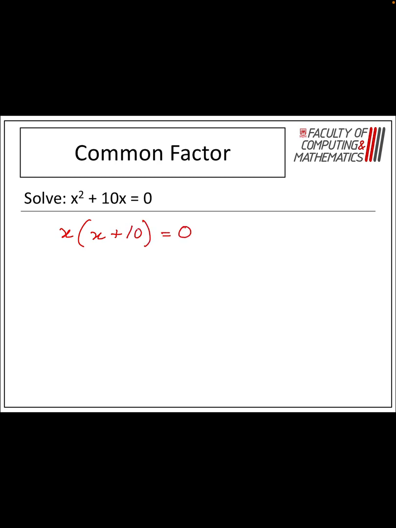Then I split both of them off, because one or both of them have to be equal to 0 for it to be true. So I've got x is equal to 0 and then balance this equation, x equals negative 10. So I know that this parabola crosses the x-axis at 0 and negative 10.